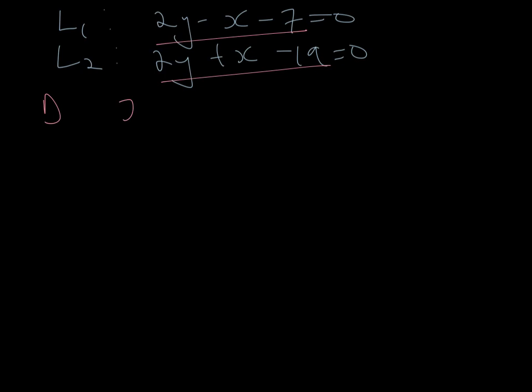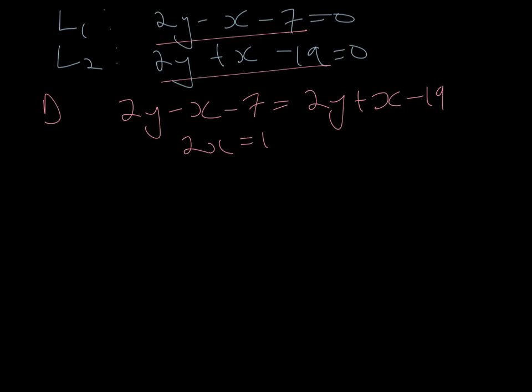So one way you can do this is just set these two equations equal to each other, and then solve. If we rearrange and simplify, we'll get 2x is equal to 12, x is equal to 6. Then we can substitute that back into one of them, so 2y minus 2x minus 7 equals 0, that's the first equation here.